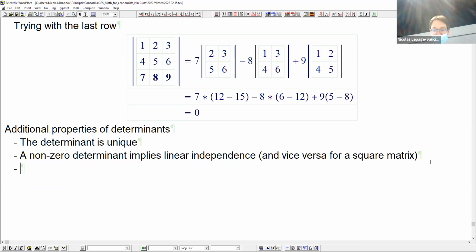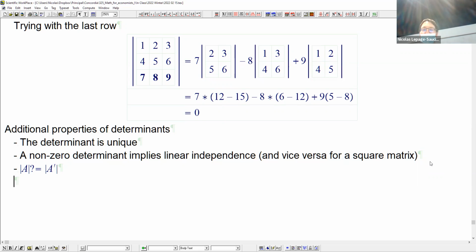So this I'm going to let you guess. It's not too difficult. I'm just going to put this. Is it the case that the determinant of a matrix A is the determinant of its transpose, not inverse?